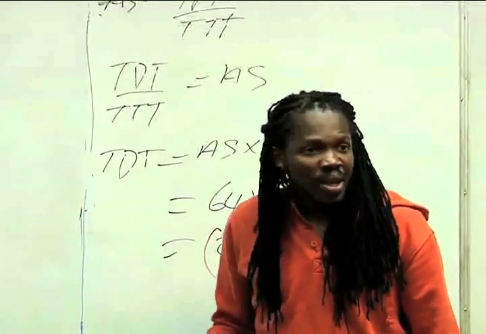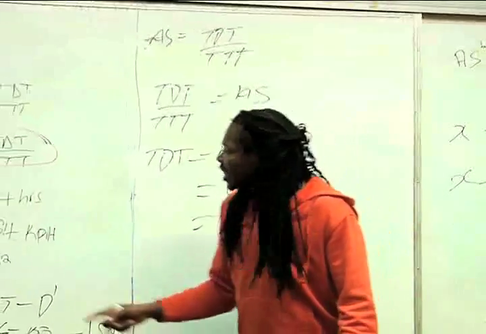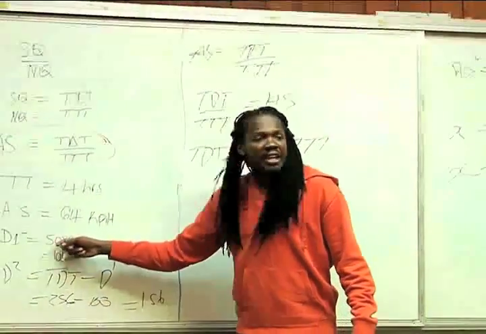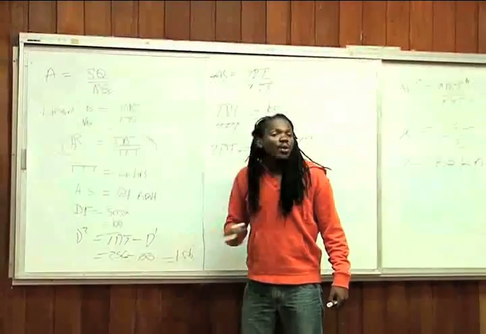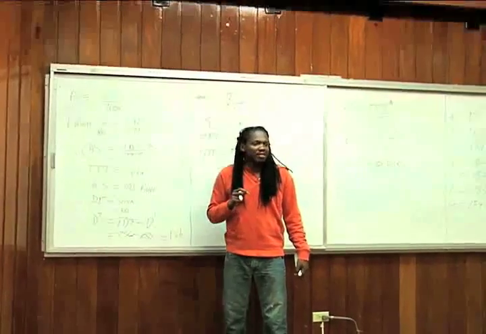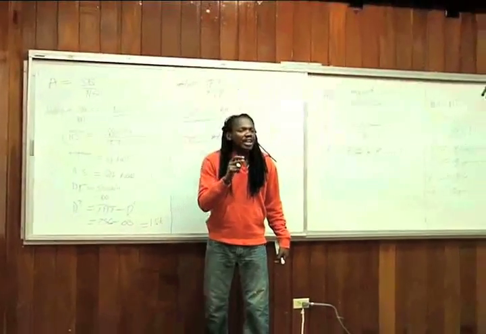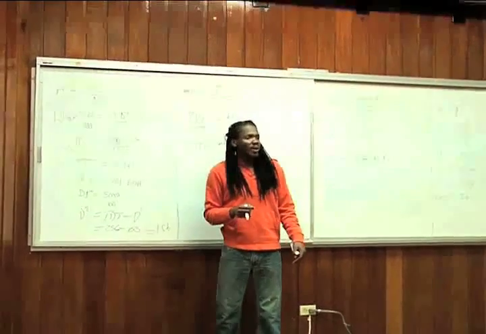256. Now, that doesn't finish. They said to us that he traveled 50 kilometers per hour for 2 hours. So what's the total distance that he would have traveled? 100, because he takes 50 for 1 hour and 50 for the next hour.